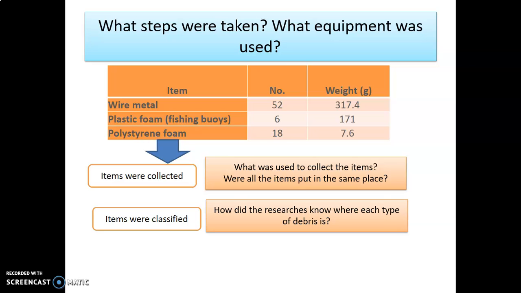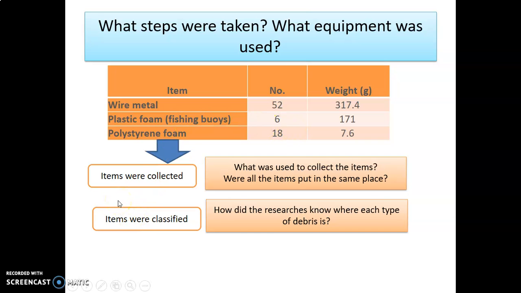And also items were classified because there were probably a lot of plastic foam, a lot of polystyrene foam, and different wires. And you see that there were more than one items. So imagine this huge pile of items.